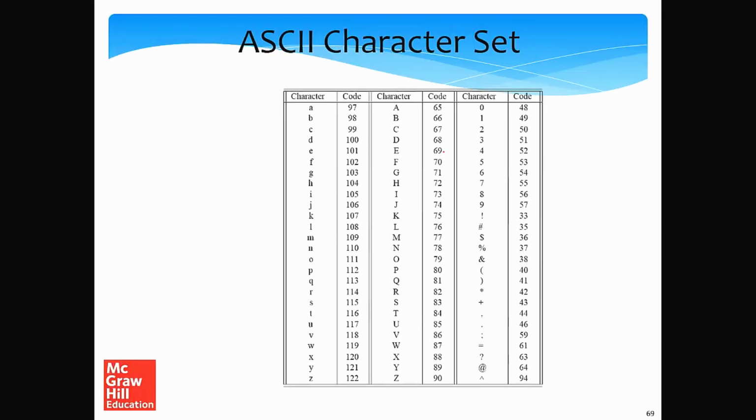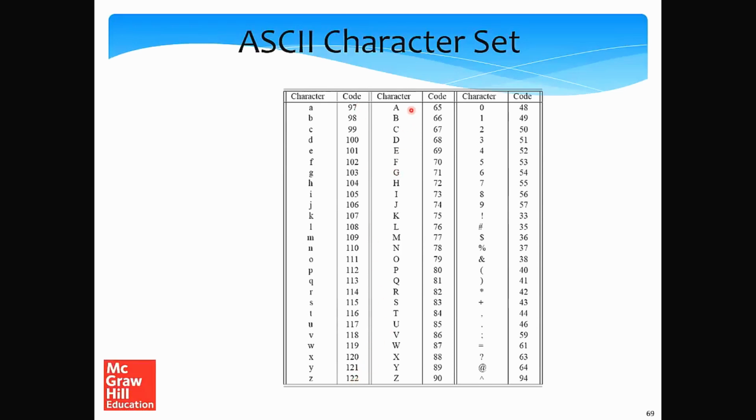So the ASCII character set looks like this. Here are the codes of some common characters. From small a to small z, the code goes from 97 to 122.